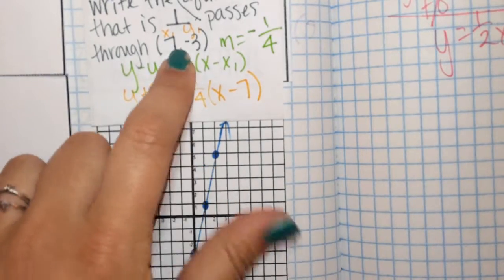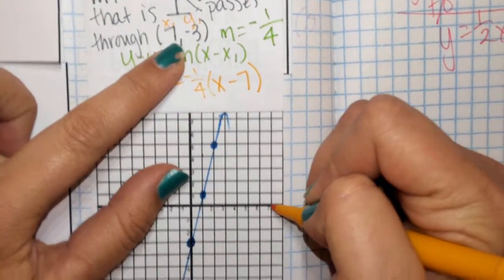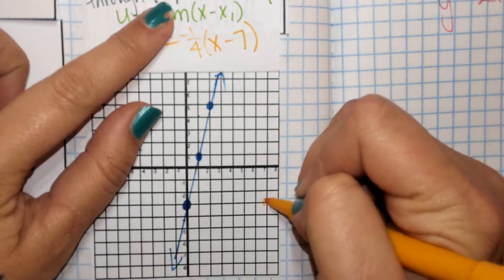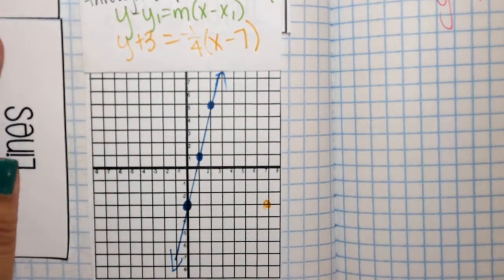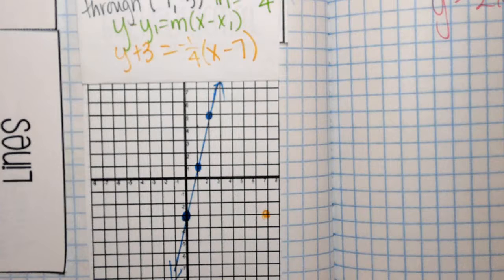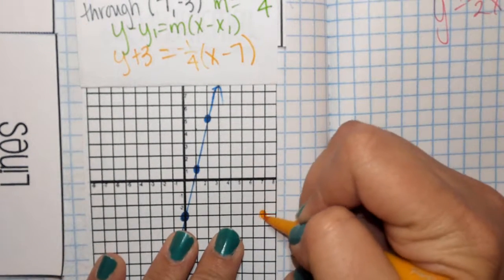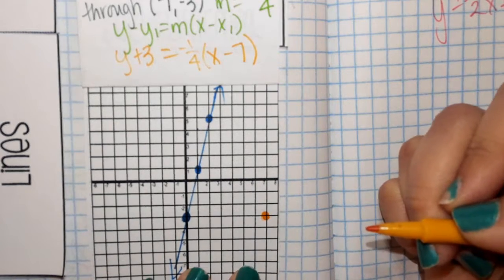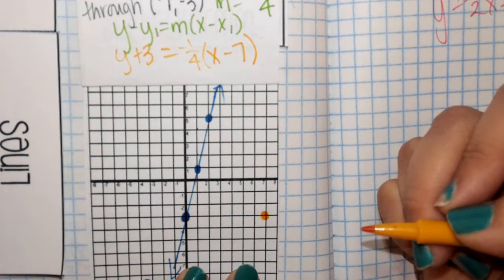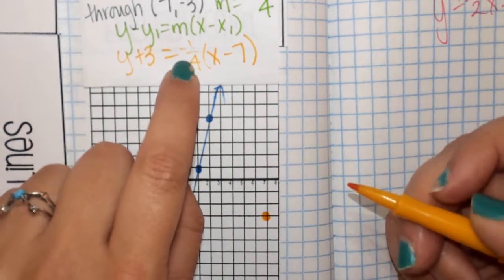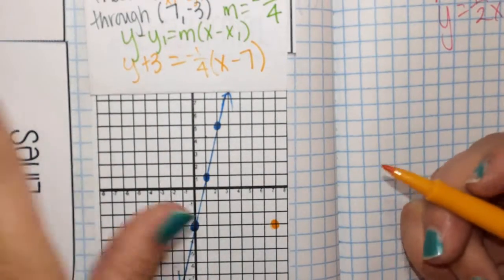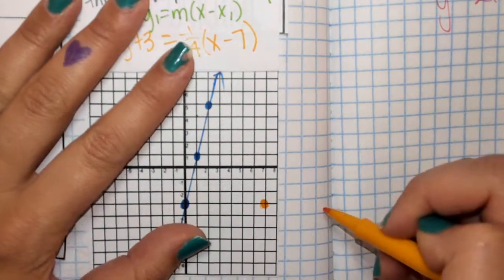To plot 7, negative 3, you go right 7, down 3. Oh yeah, I said right 7. Y'all were saying the wrong thing. So go right 7, down 3. We're plotting a point. We should know how to plot points by now, right? Now, our slope is negative, so that means it needs to go this way. Can I go down and right 4?